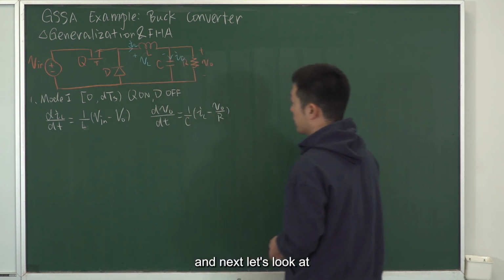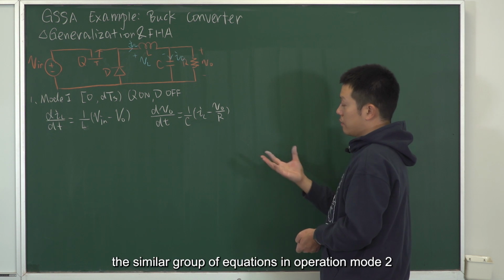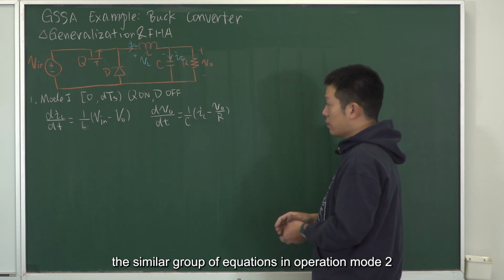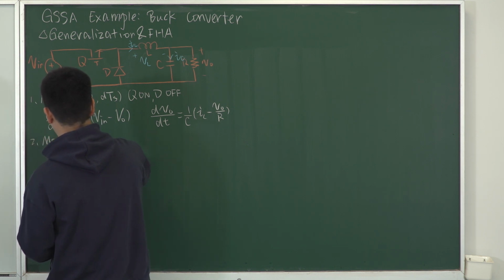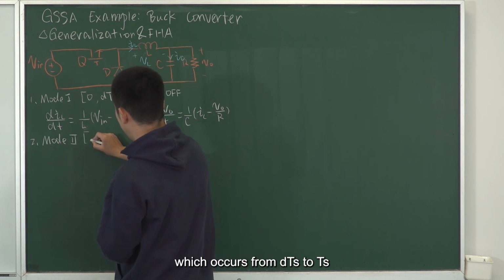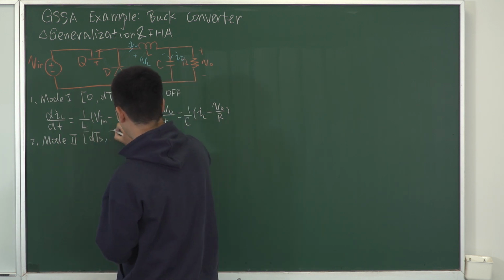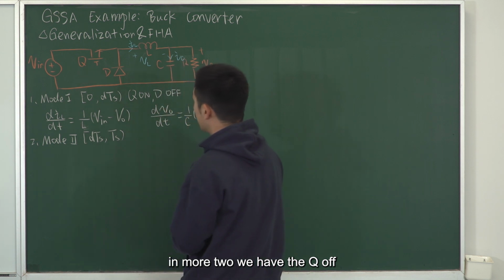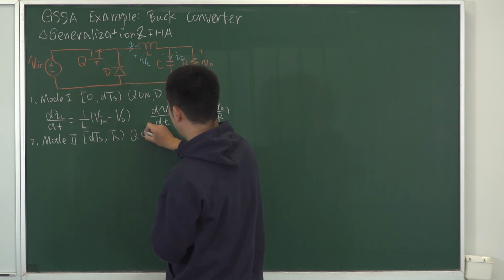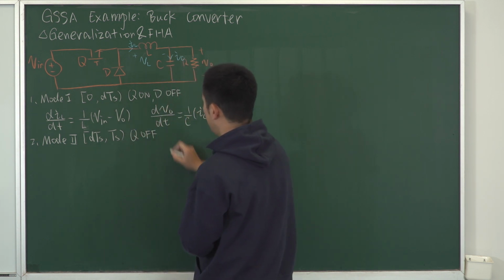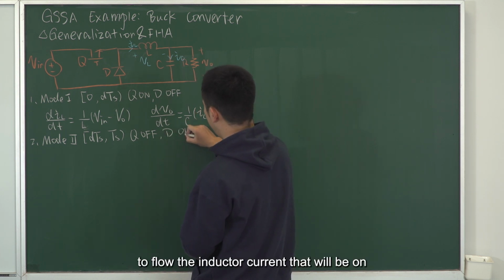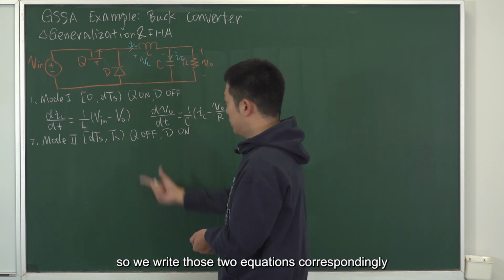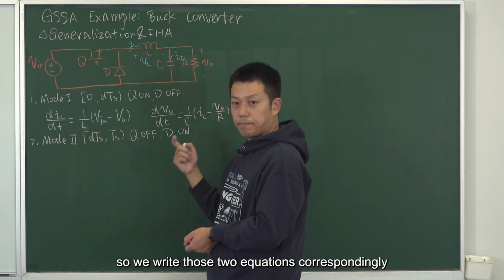And next, let's look at the similar group of equations in operation mode 2, which occurs from DTS to TS. In mode 2, we have Q off, and the diode will continue to follow the inductor current. Diode will be on. So we write those two equations correspondingly.